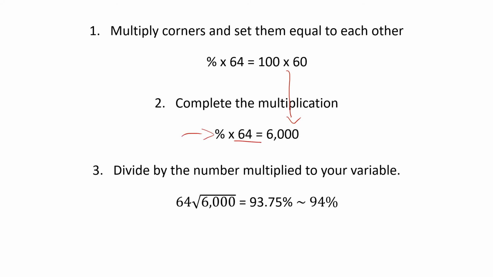Just remember the percentage, that is your variable. So 6,000 divided by 64 is 93.75. So approximately 94% of the counties in the state of Colorado have reported at least one COVID-19 case as of today, May 26, according to the Department of Public Health and Environment.